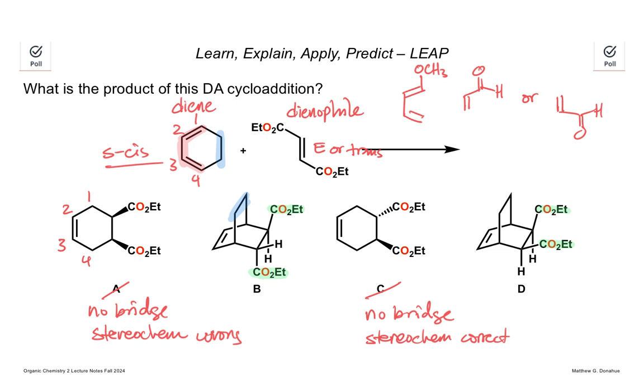So I know it's going to get a little crowded, but this resonance form, we said it can form that as a resonance form. Now the resonance form for the dienophile, the aldehyde is electron withdrawing. So we can push arrows like that.